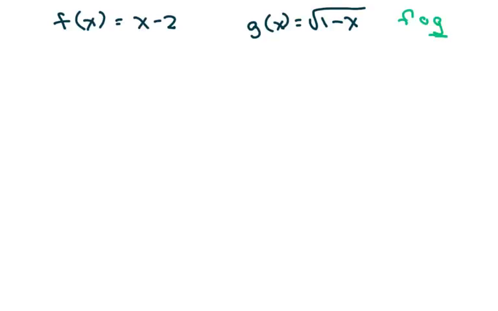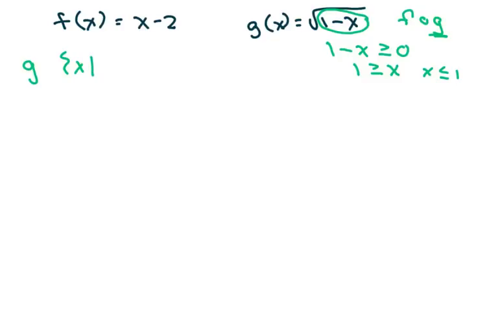So first we look at the inner function, and we set this 1 minus x has to be greater than or equal to 0. So 1 is greater than or equal to x, or x is less than or equal to 1. So the domain of g is all real numbers such that x must be less than or equal to 1.